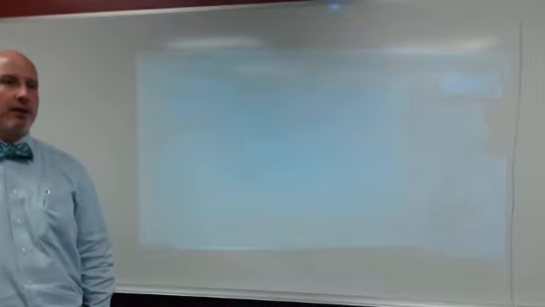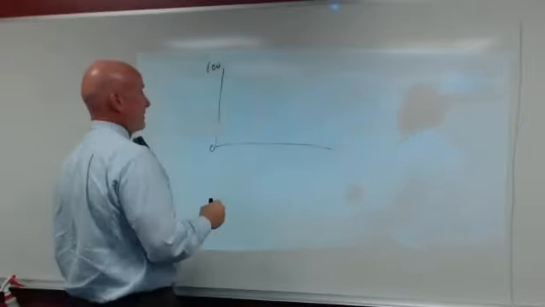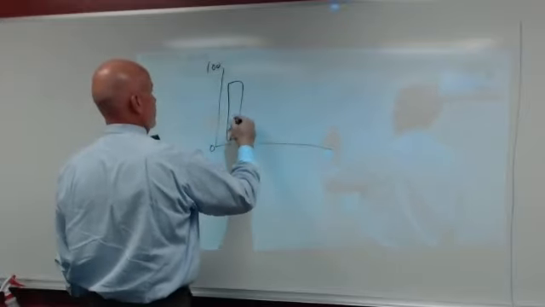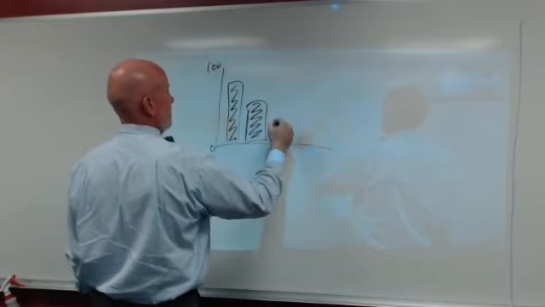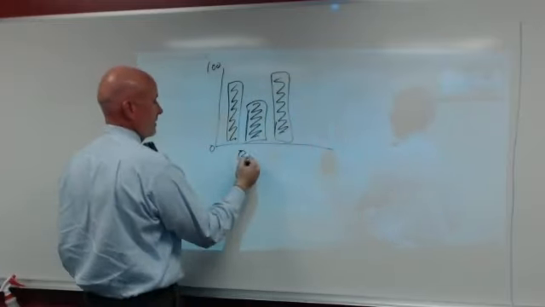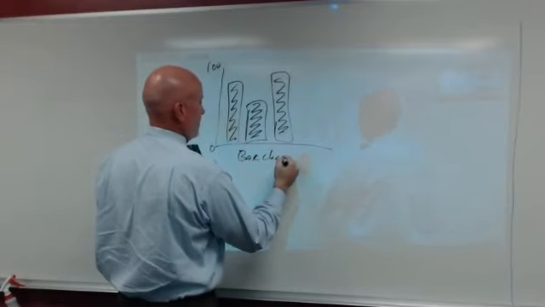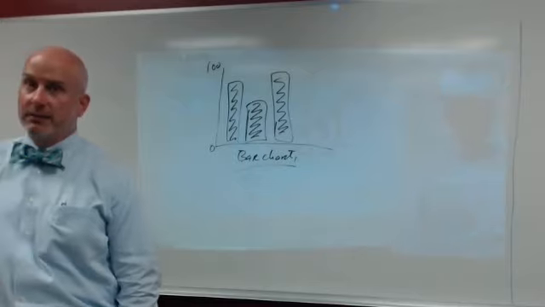Has everyone seen a bar chart? Remember, you're going to have something here, 0 to 100, and we're going to have something like this. You with me? Does everyone know how to complete a bar chart in Excel?